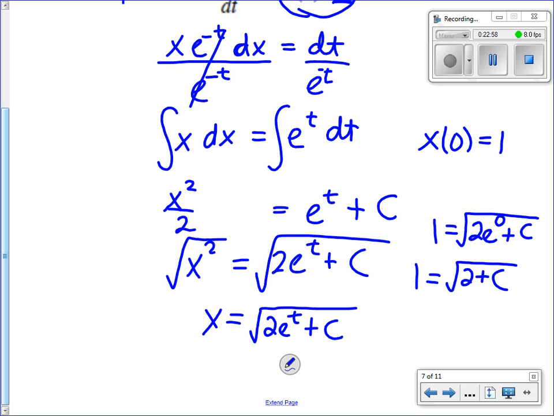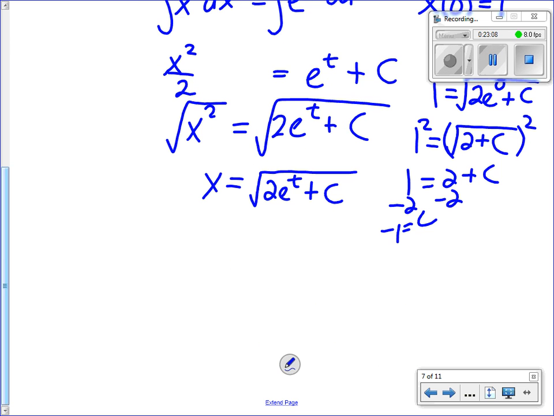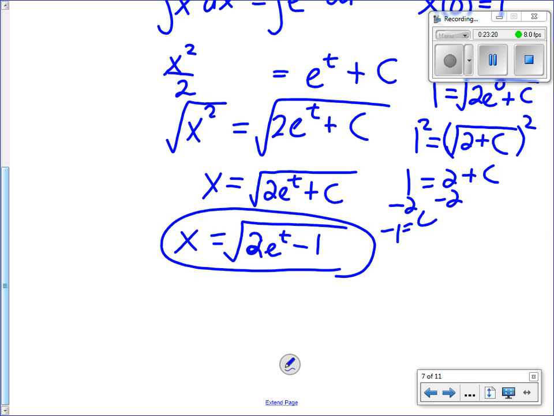And then to solve for c, we would square both sides, subtract 2, and we'll get negative 1 is equal to c. And then we'll just plug that in. And voila, we have solved the differential equation.